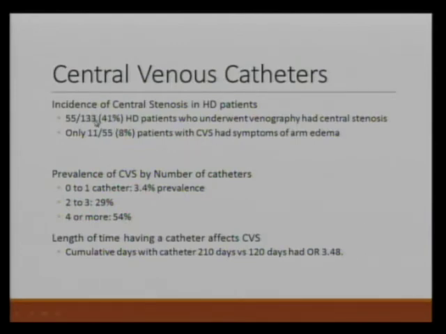So a large percentage of these innominate vein and other central stenoses are present, but they're not clinically significant. They're not causing symptoms. And what we'll see later on is you don't have to angioplasty those if they are not causing clinical symptoms, and a lot of times they do not progress and get worse and worse.